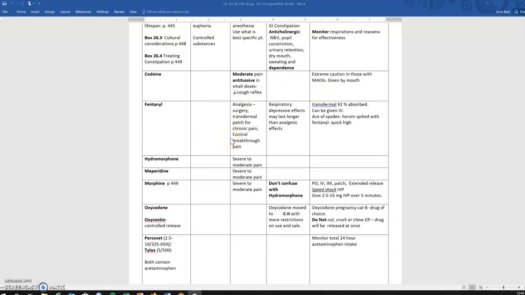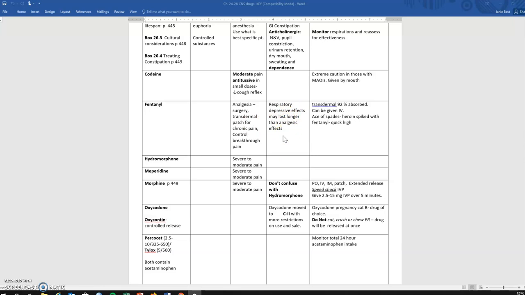Fentanyl is a very powerful narcotic that is used typically in surgery. It can be given with a transdermal patch for chronic pain and used to control breakthrough pain. Because of its long half-life, the respiratory depressive effects may last longer than other narcotics.